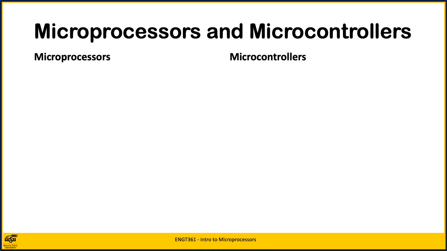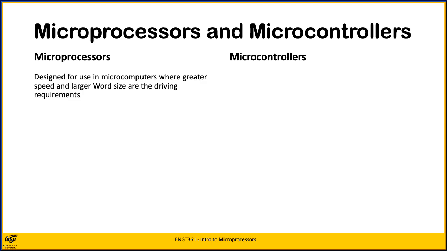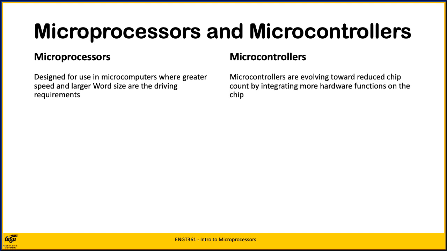The main difference between microprocessors and microcontrollers is that microprocessors are being designed for use in microcomputers, where greater speed and larger word size are the driving requirements, whereas microcontrollers are evolving towards reduced chip count by integrating more hardware functions on the chip.